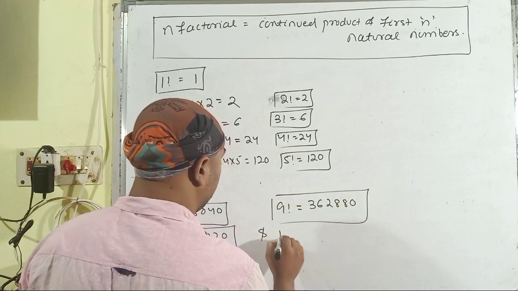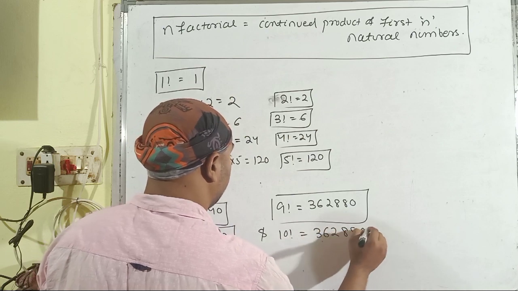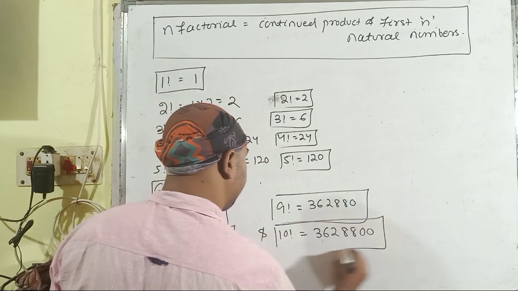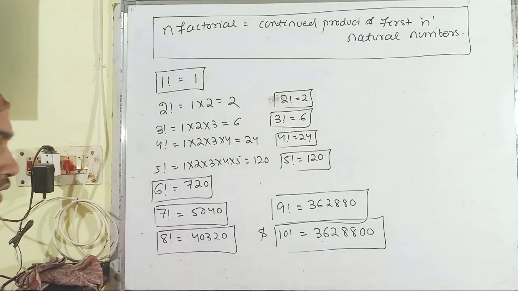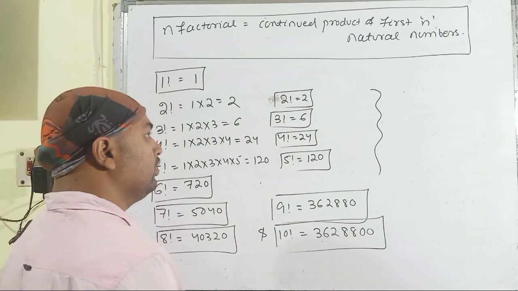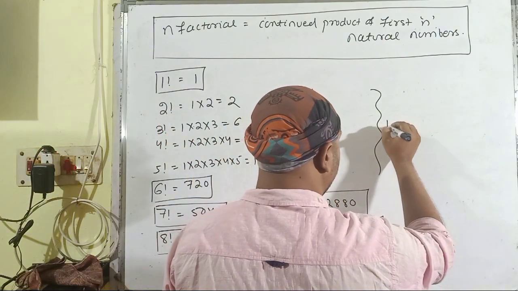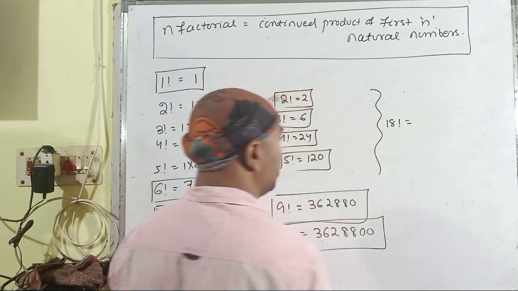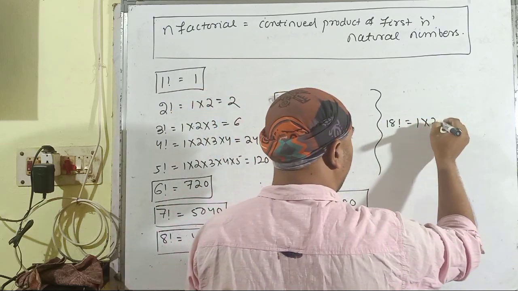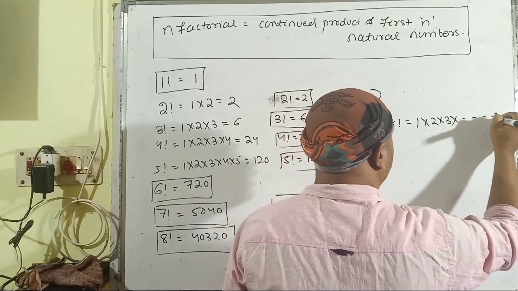And 10 factorial is equal to 3628800. Similarly, suppose we are trying to find the factorial of 18. Then this will be the multiplication of all the numbers starting from 1 up to that given number.